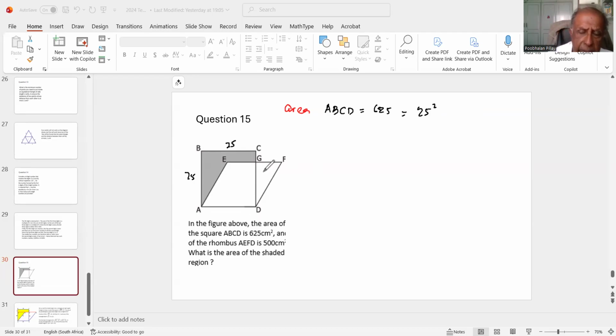Now, this is the rhombus. It means all the sides are equal, but the angles are not 90 degrees. The area of the rhombus is 500. So you got 500 is the area of the rhombus.